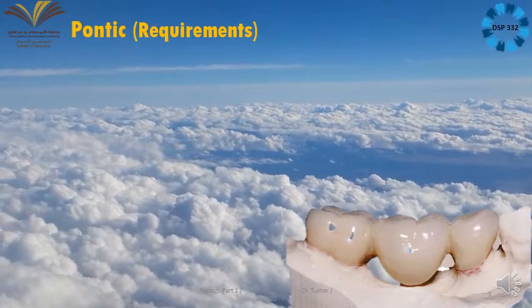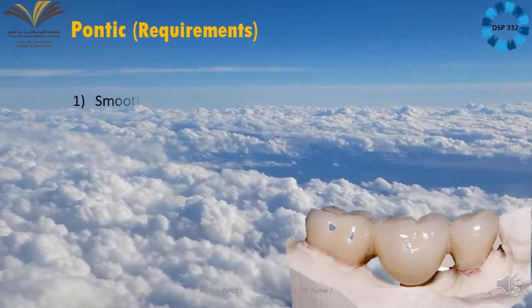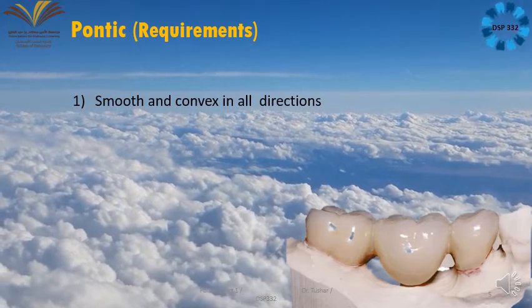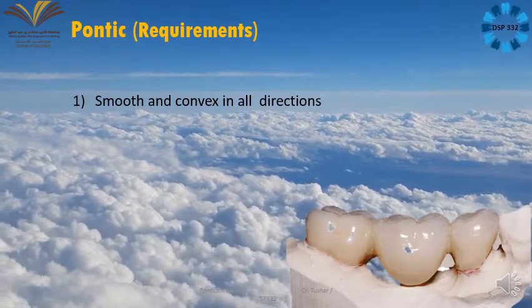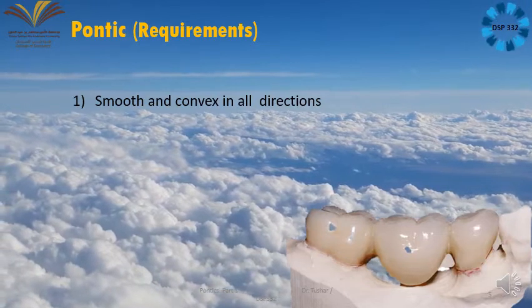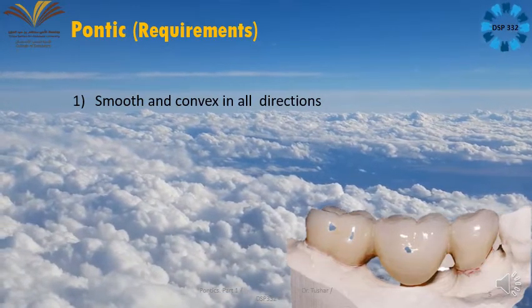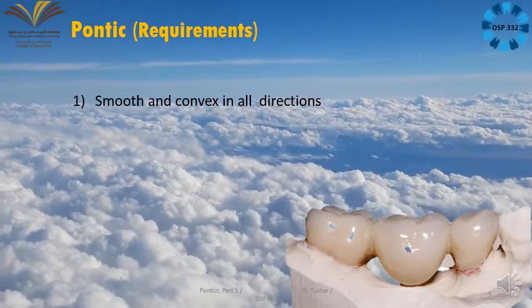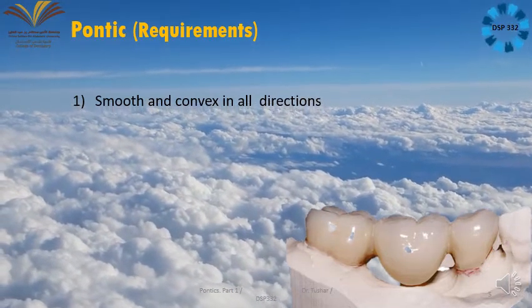Now, what are the requirements of Pontic? Basically, the first most important requirement of the Pontic is it should be smooth and convex in all directions. Because if it is concave, there will be accumulation of food. The cleaning will be difficult.